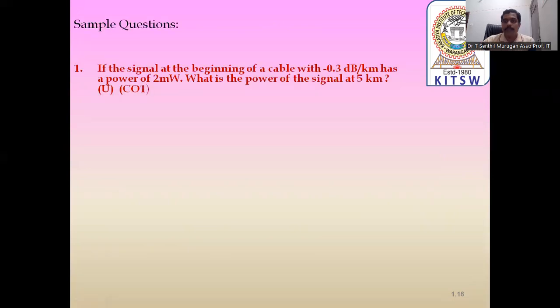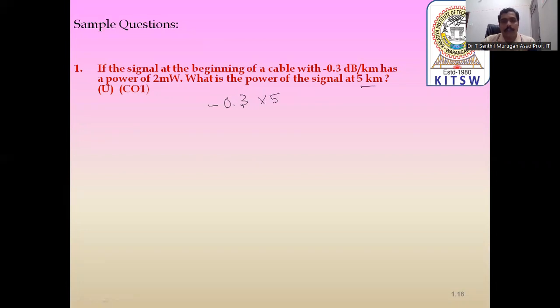Now we will discuss some small sample questions. Read this question. The signal at the beginning of the cable has a loss of minus 0.3 decibels per kilometer. We also have to consider the length of the cable: 5 kilometers.